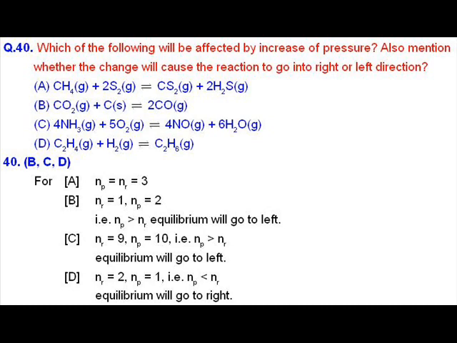The number of gaseous species will decrease if the reaction proceeds in the backward direction, or in the left direction. So the reaction will go in left. Now coming to option D. Here the number of gaseous reactants is 2 and the number of gaseous products is 1. So in order to decrease the pressure, the reaction will shift to the right-hand side. So the correct answers will be B, C and D.